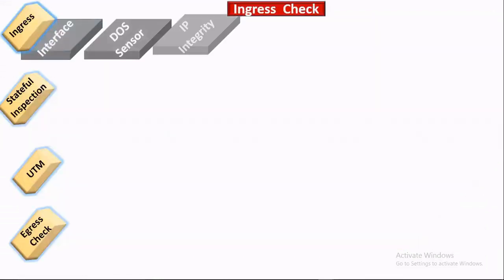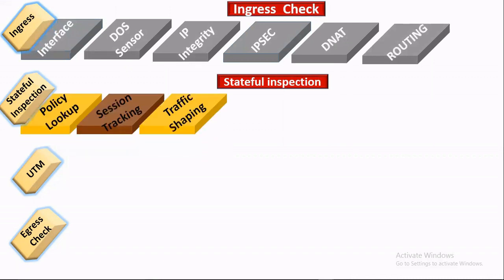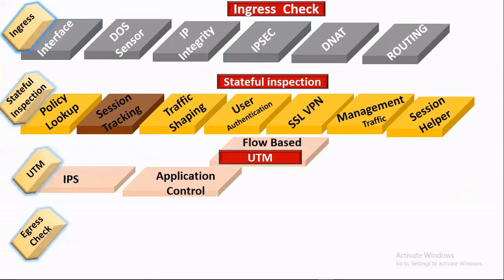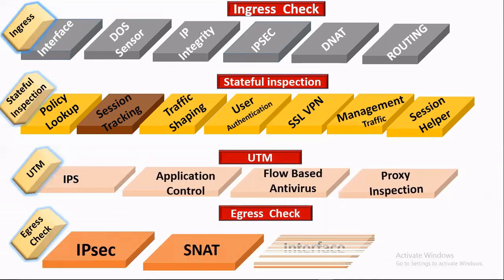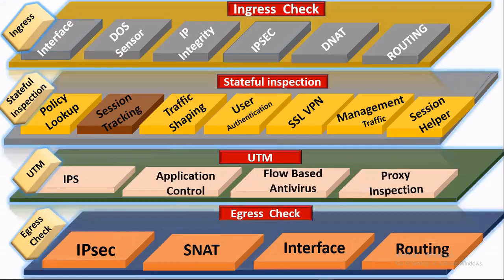In the ingress, these are the steps in all the 4 stages. I will explain one by one. This packet flow I have taken directly from FortiGate's site, and as per this packet flow, this is how a packet comes inside to one of the interfaces, which is called the ingress interface.